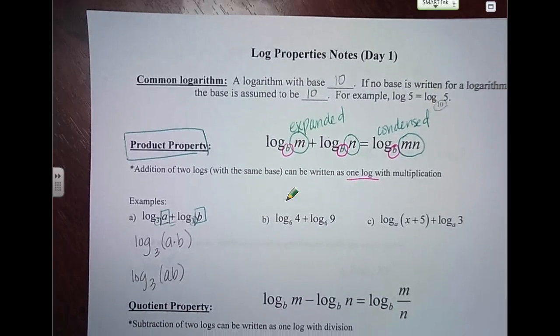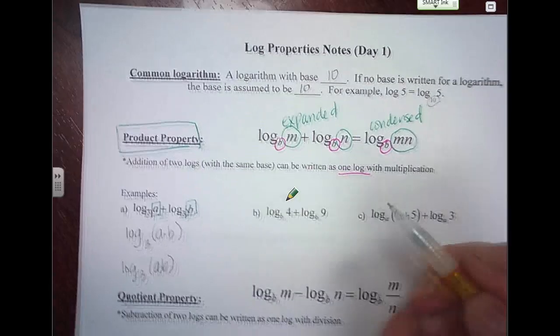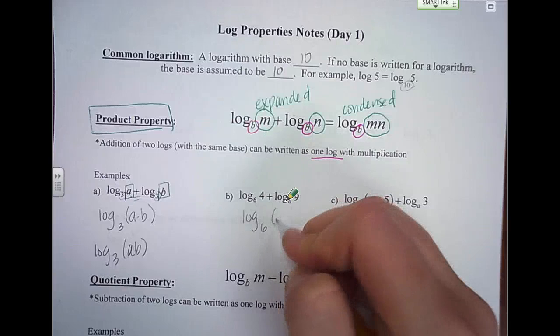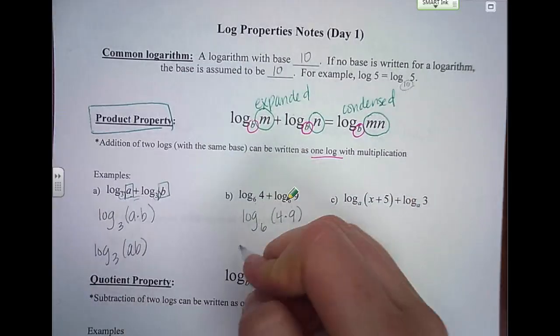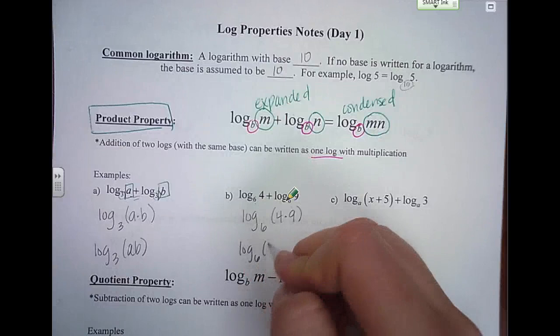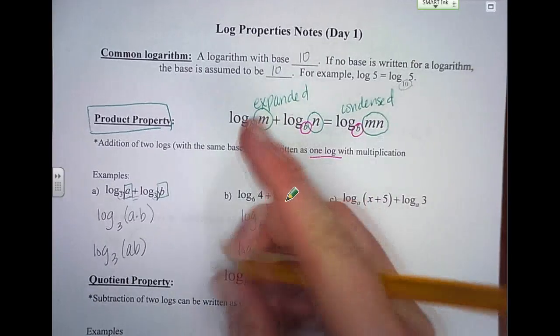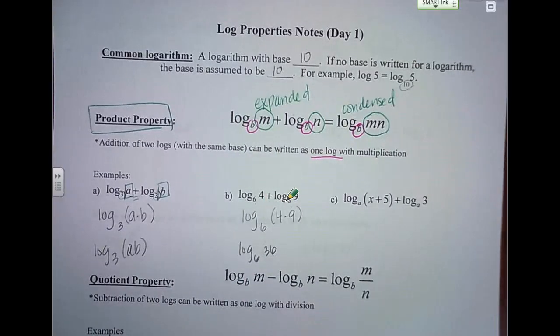For the second one, let's check the bases are the same, 6 and 6. I have addition, so I can rewrite that as log base 6 of 4 times 9. So I can multiply that: log base 6 of 36, and I don't have to put the parentheses. A lot of times it'll say simplify if possible.